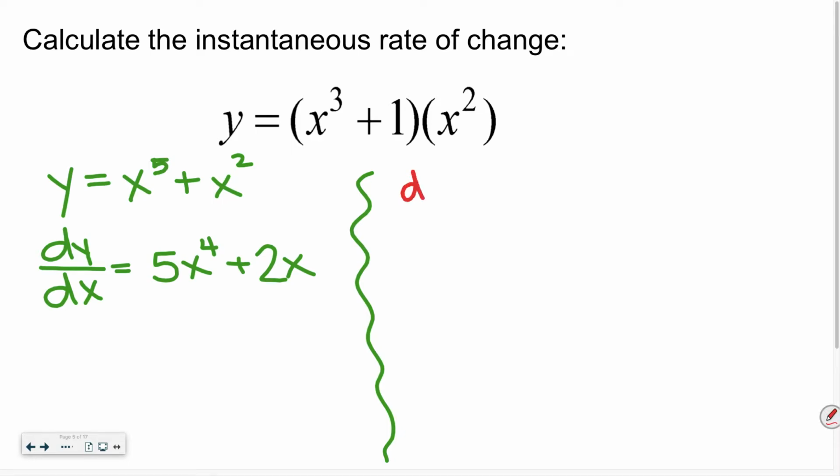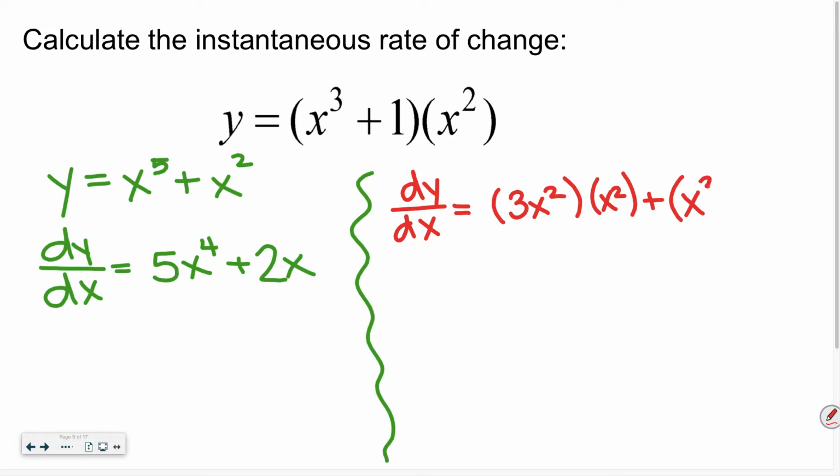We could say, well, this is a product, so we could take the derivative of the first, which is 3x squared, and multiply it by the second, plus keep the first the same, times the derivative of the second.